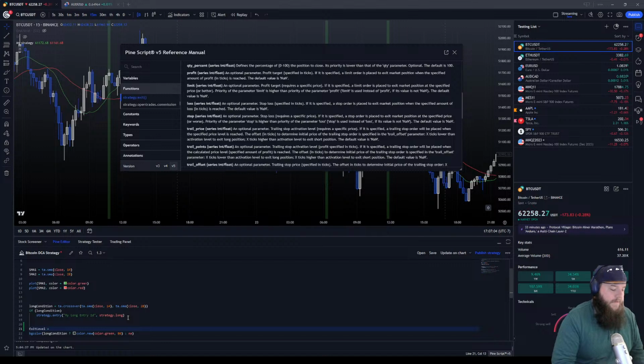level equals, I want the average cost of my entry, so that's going to be strategy.position_avg_price, and I want it to be 5% more than this for now.